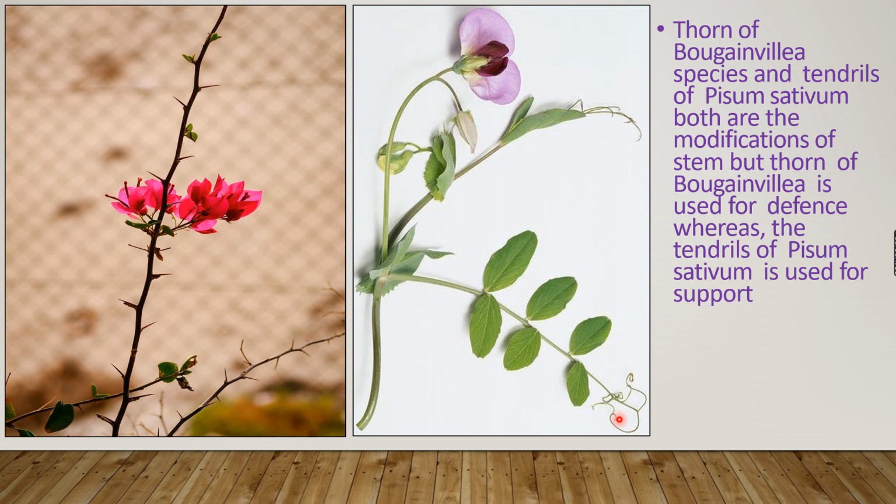But the functions are different. In bougainvillea, the thorns are useful for defense. The tendrils are useful for support, to climb on the support. So it is the same modification of stem, but they perform different functions.